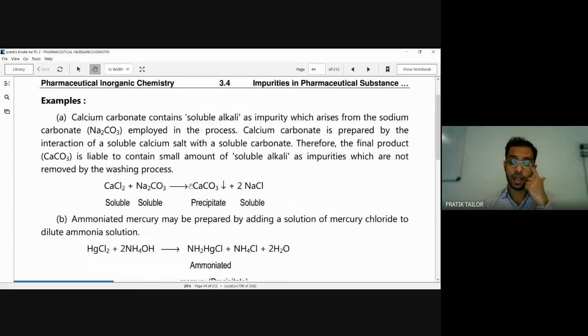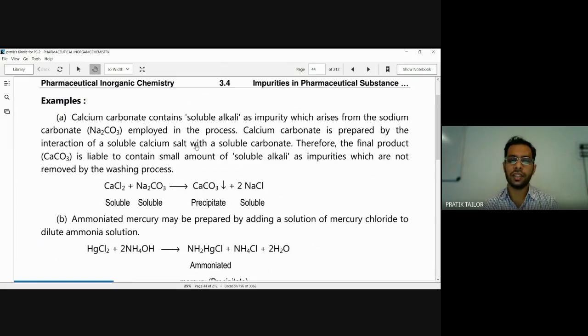Say suppose we are again taking the manufacturing process of calcium carbonate. Your sodium carbonate is taken in the manufacturing, and if your calcium carbonate contains soluble alkali as an impurity, which is arising from the sodium carbonate.